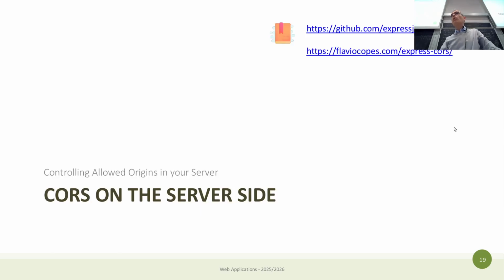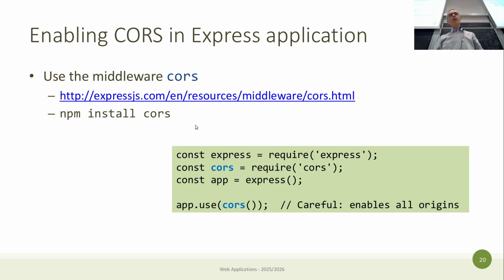Okay, so very quickly, because we already know how to do things, just one additional point: how to configure CORS correctly. On the server side, there is a package for Express. This cors package is compatible with Express. Oh, okay, it was import. I mean, that's the old syntax, sorry.